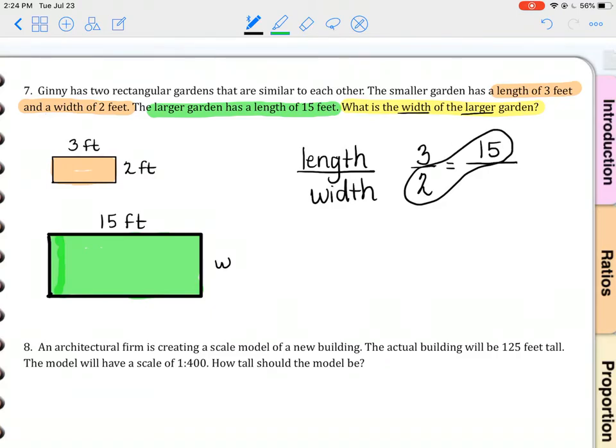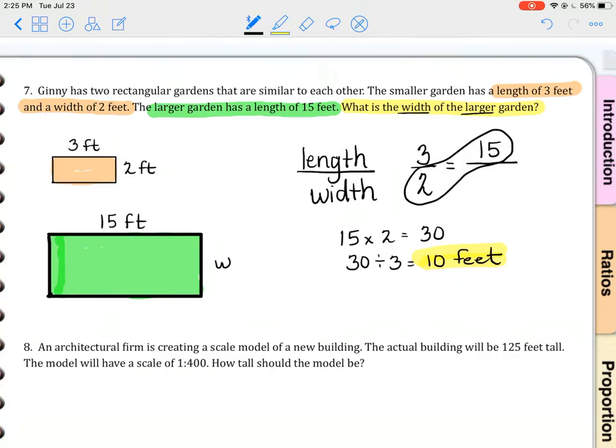So 15 times 2 is 30. And 30 divided by 3 is 10. So mama's width, the larger garden's width, is 10 feet.